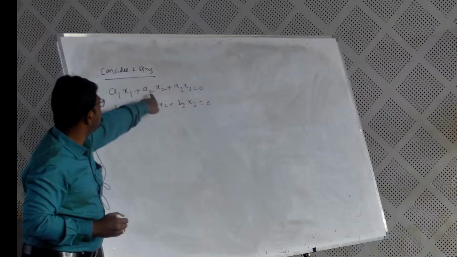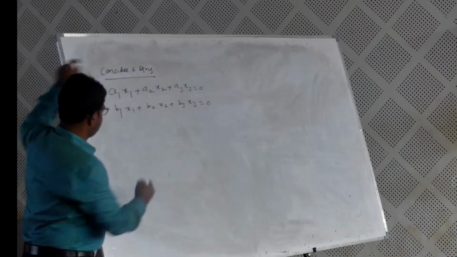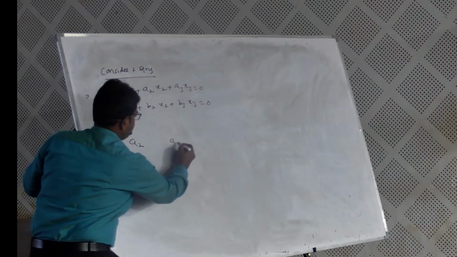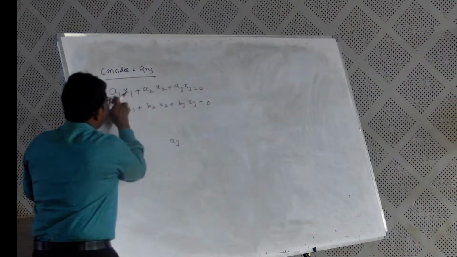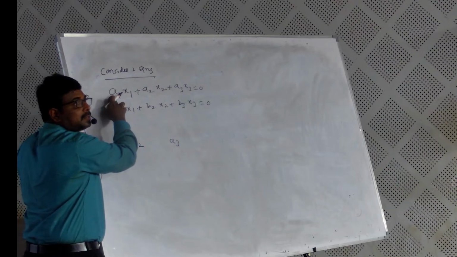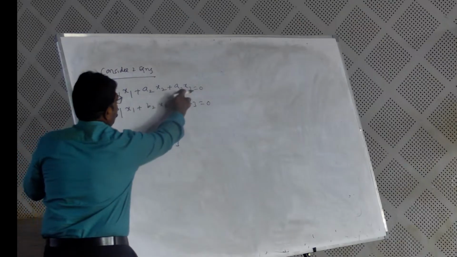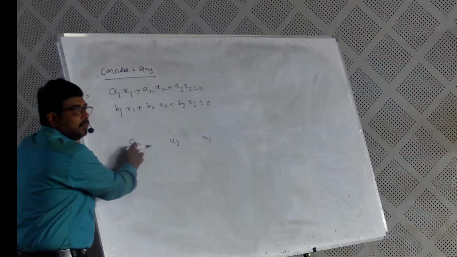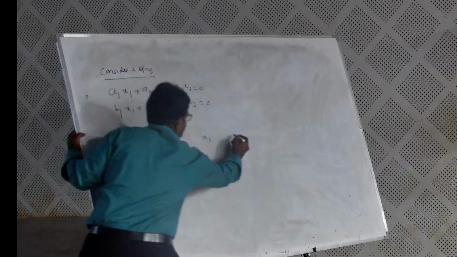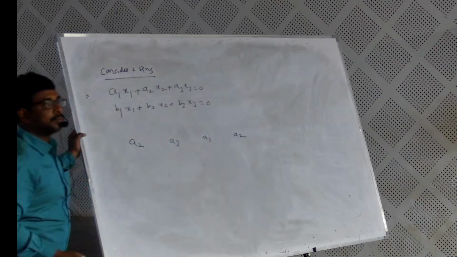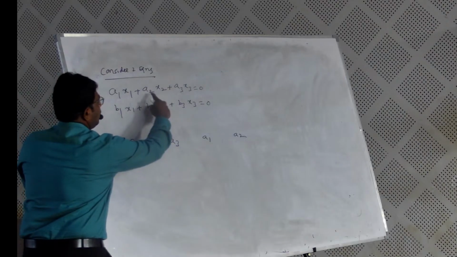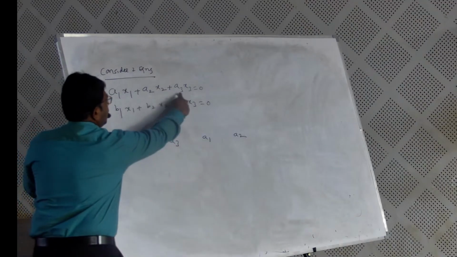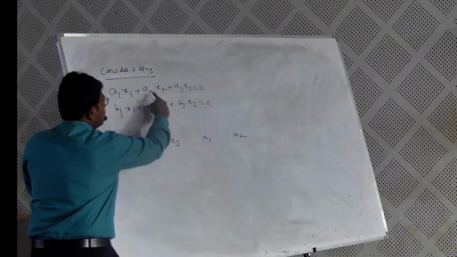After a2, a3, what is not covered? a1. Repeat this term once again at the end. What you will get: a2, a3, a1, a2. Can you please read out once again?